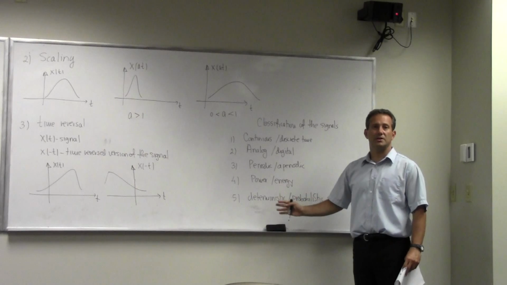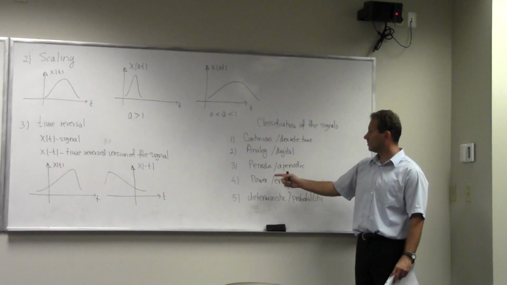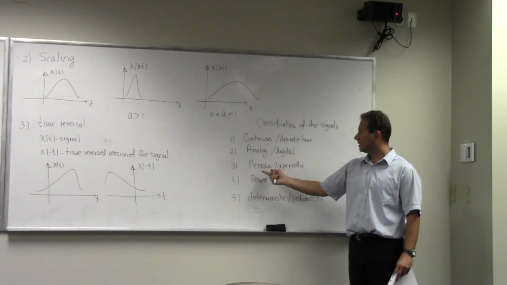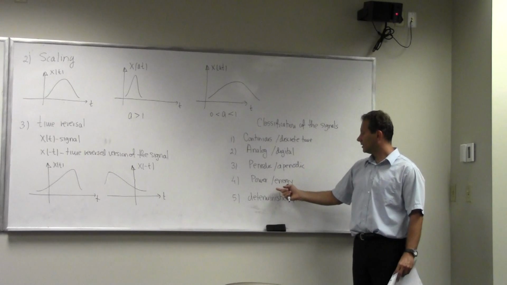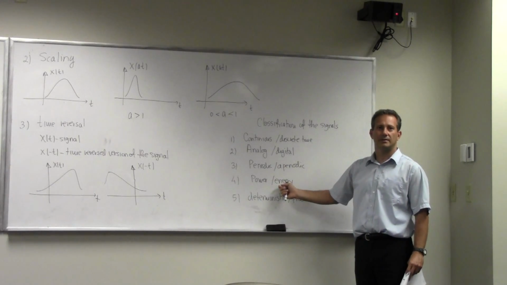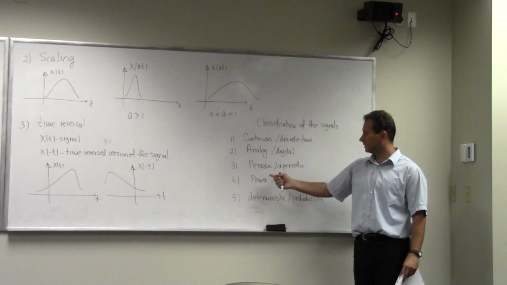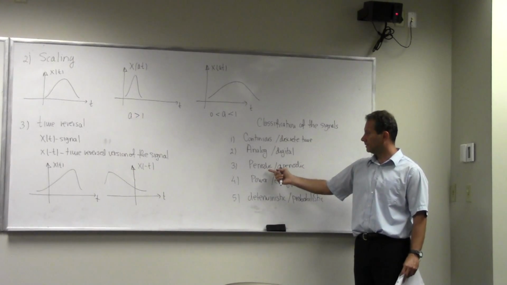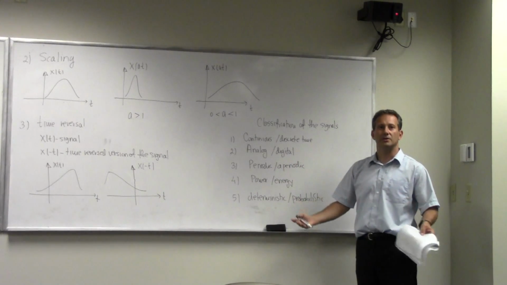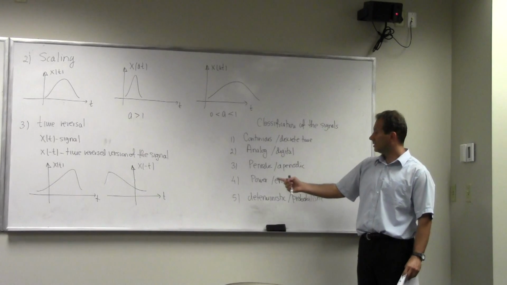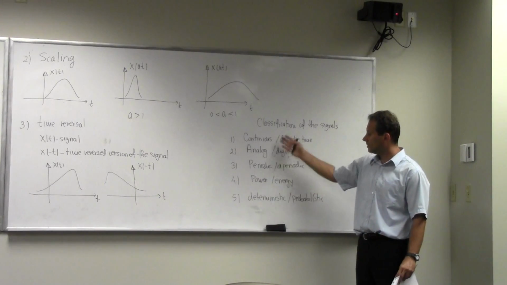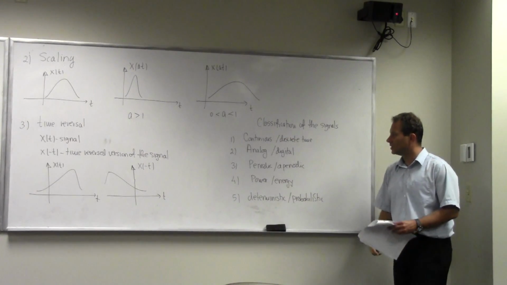But some of these combinations will not make sense. For example, you cannot really have periodic energy signal, right? Because that would mean that the energy per period is equal to 0, right? But a lot of these combinations can coexist together.